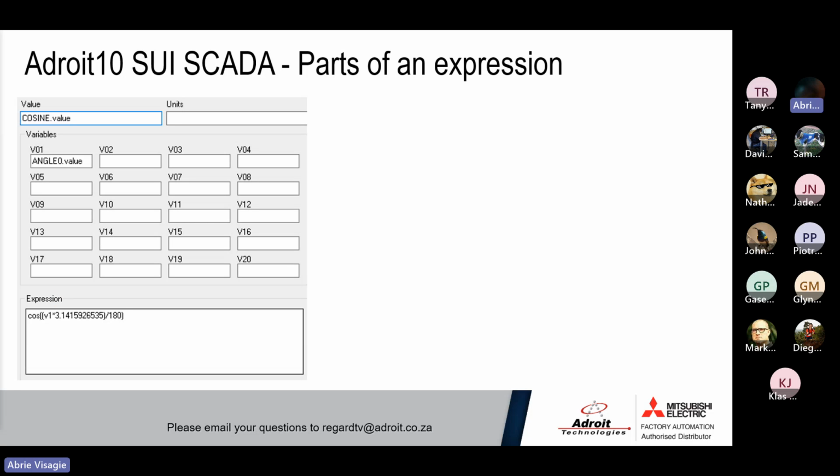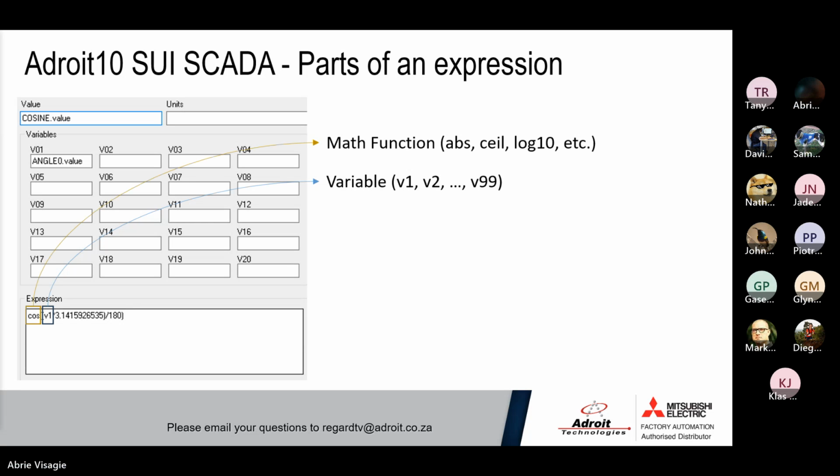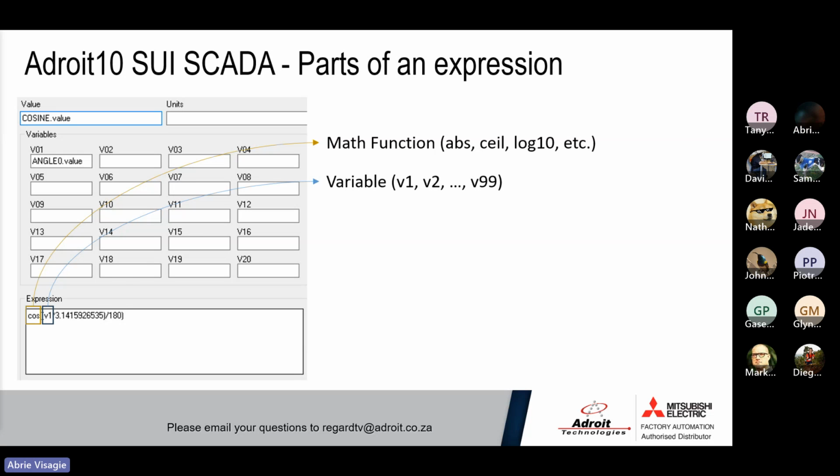And in the expression itself, first off, this is considered a single term. Should there have been operands such as addition or subtraction, we would be handling different terms, but for a single term, we can see that we have variables, mathematical functions, and constants or numbers that are just being added.